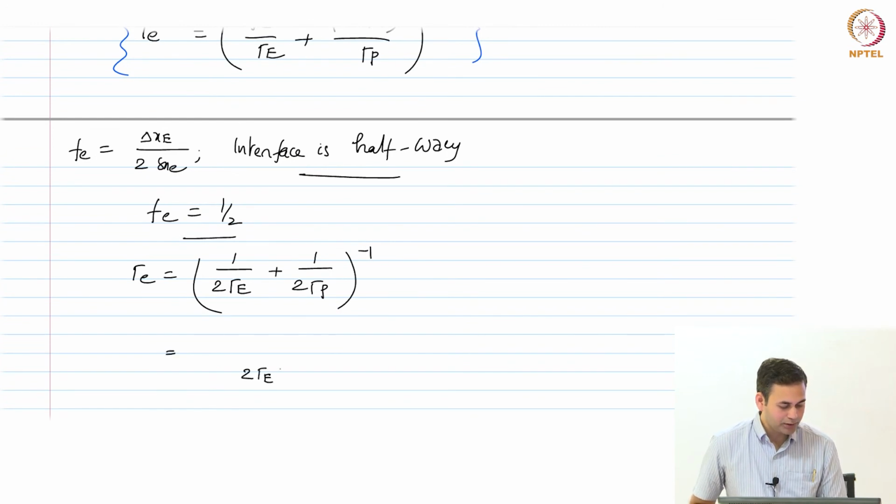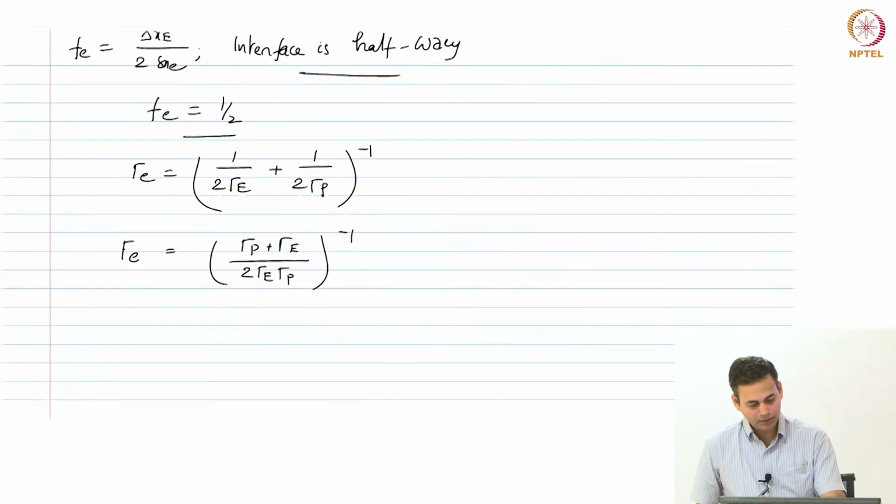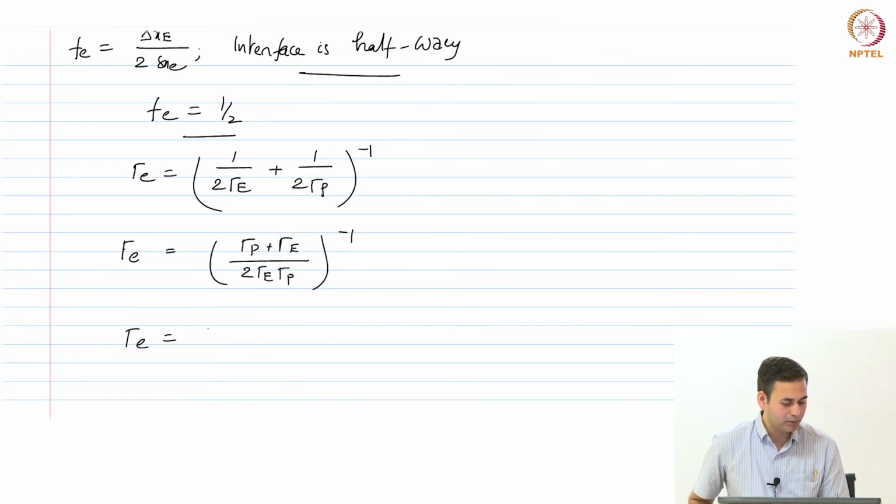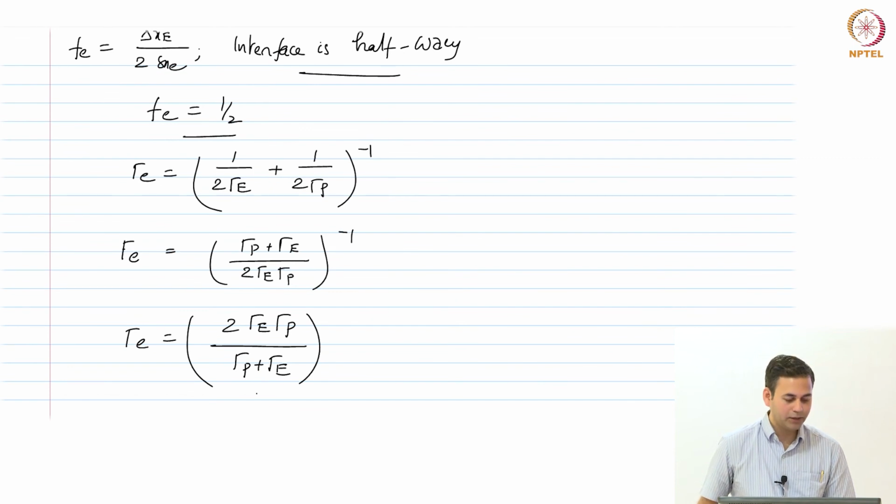That would make it 2 gamma east gamma P plus gamma east inverse, right. So gamma east equals 2 gamma east gamma P by gamma P plus gamma east. What kind of an average is this? Harmonic average, right.